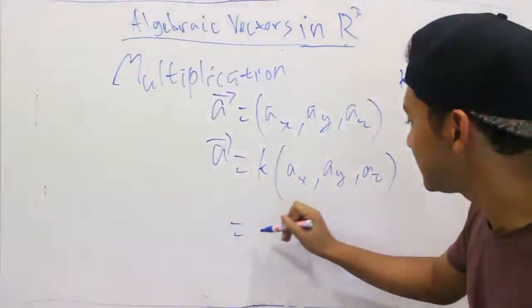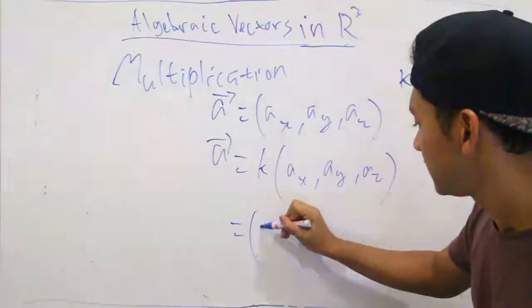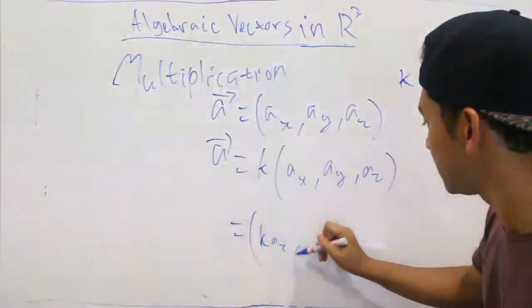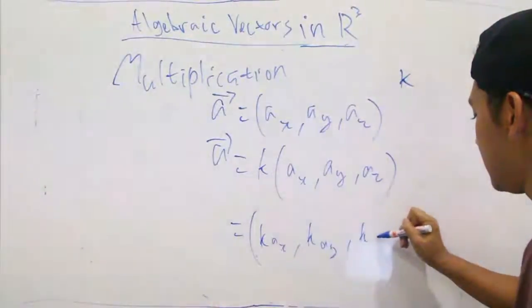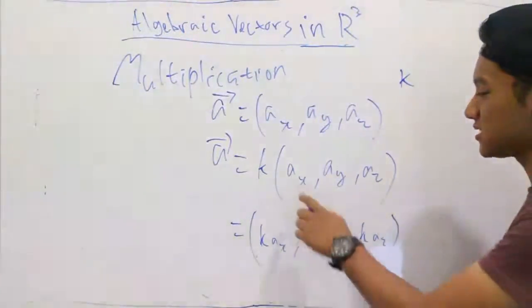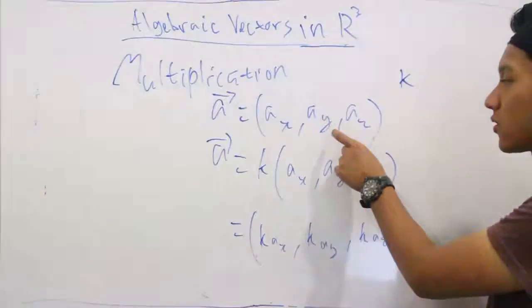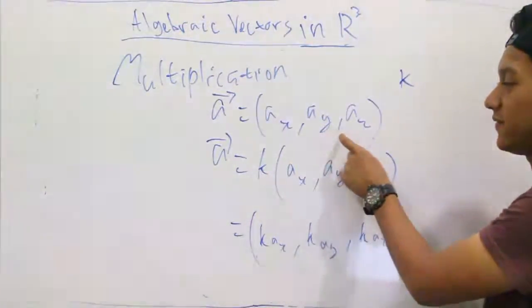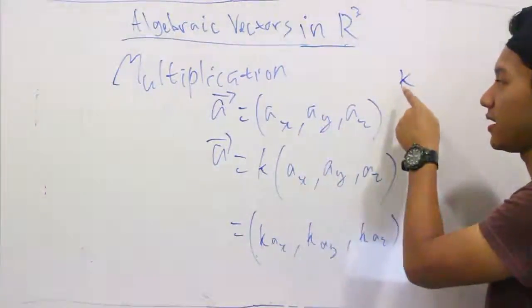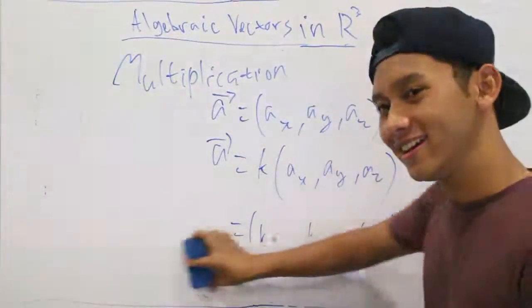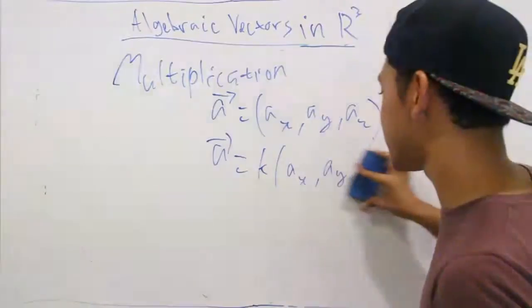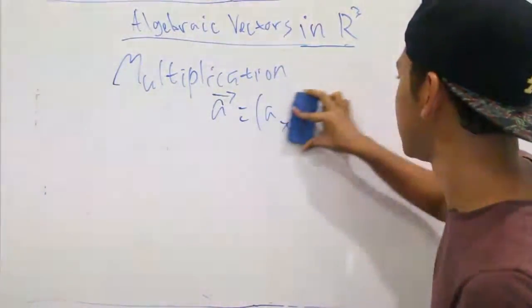We can also write this as KAX, KAY, and KAZ. This just means we multiply each of the coordinates x, y, z in the vector by the scalar k. Let's use numbers to make it easier because letters are very confusing.